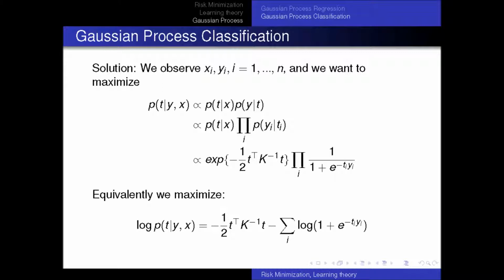How do you pick mu2? How do you determine mu1 and mu2? This is determined by yourself, and in the standard formulation of Gaussian process, mu1 equals 0 and mu2 equals 0.